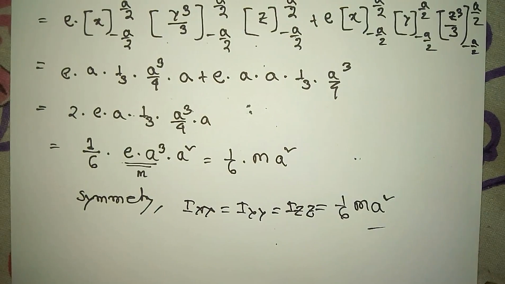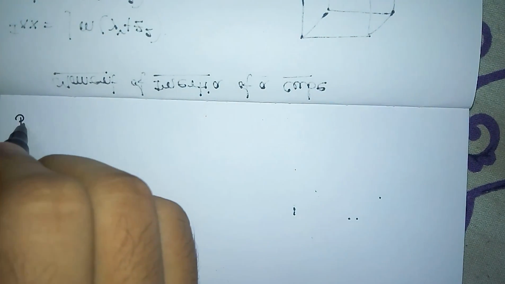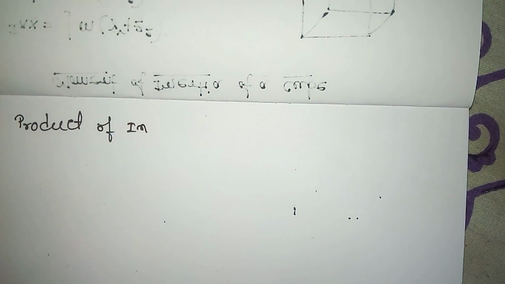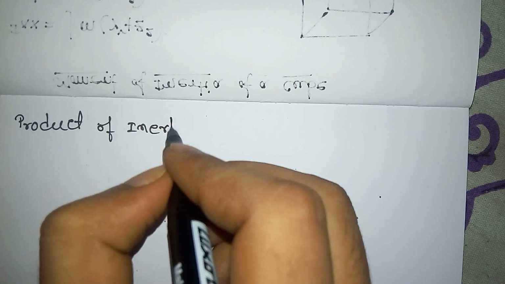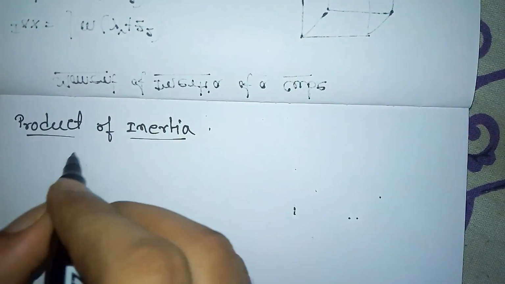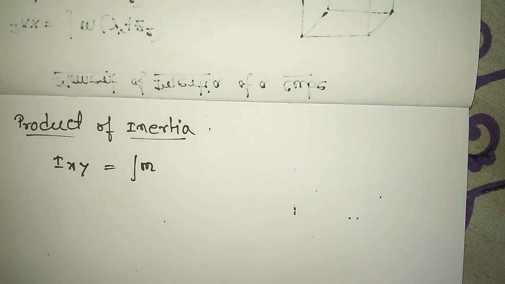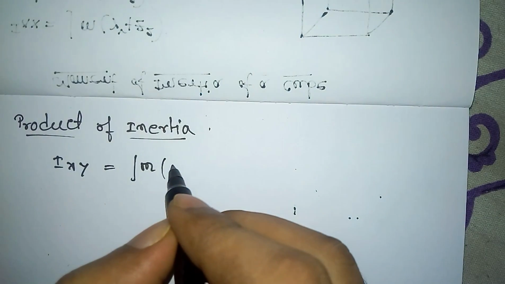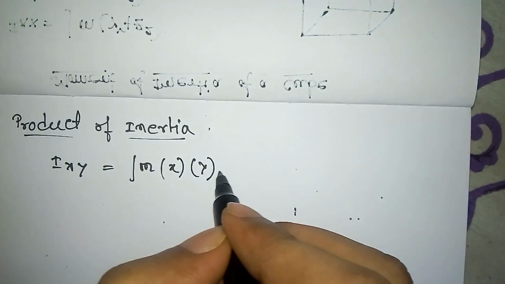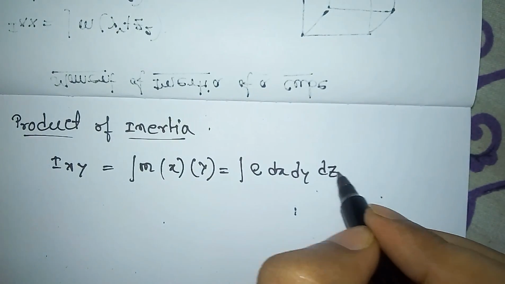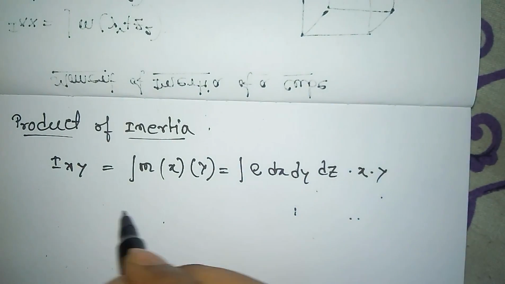Now we shall evaluate the product of inertia of the cube. For this we change the page. This product of inertia, Ixy, equals the integral of m x y, equals rho dx dy dz into x y.